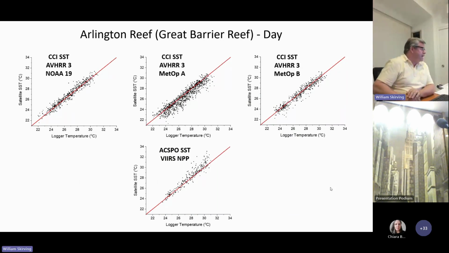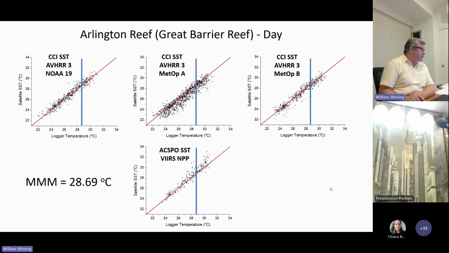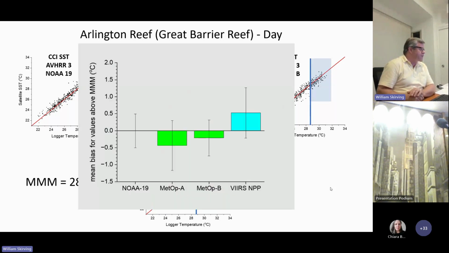Now during the day, you can see that CCI basically does a fairly good job. However, AXPO tends to overestimate in the higher temperatures. If we have a look at the MMM, again, all the values over the MMM, you can see that AXPO is a little on the high side as far as the bias is concerned.